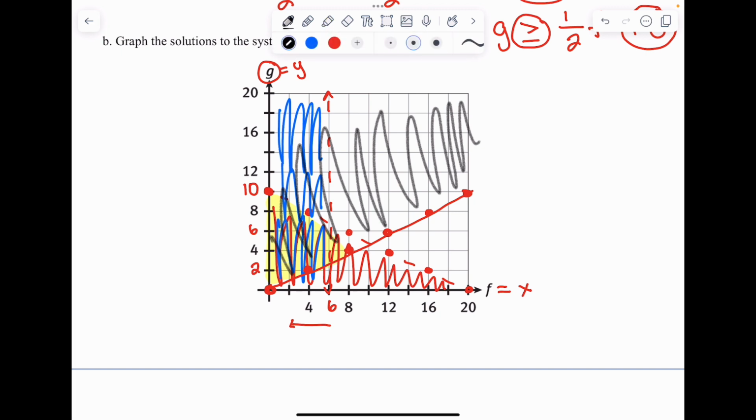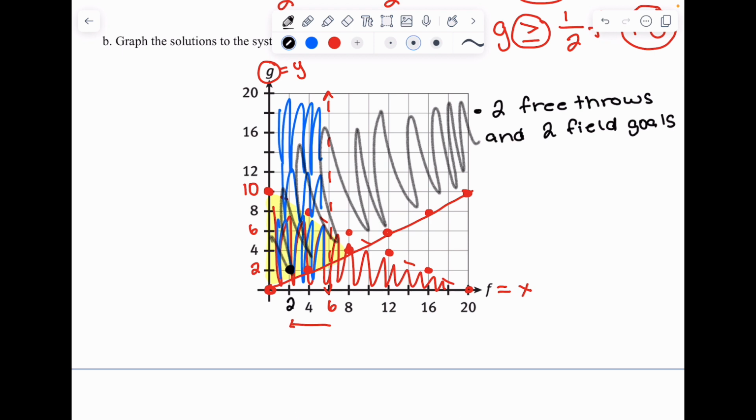For instance, Ray could have made 2 free throws and 2 field goals. That was one possible solution. He also could have made 4 free throws and 6 field goals.